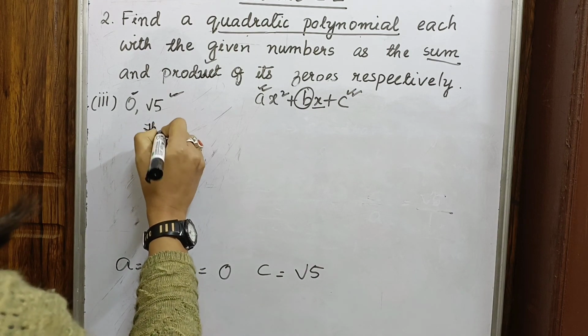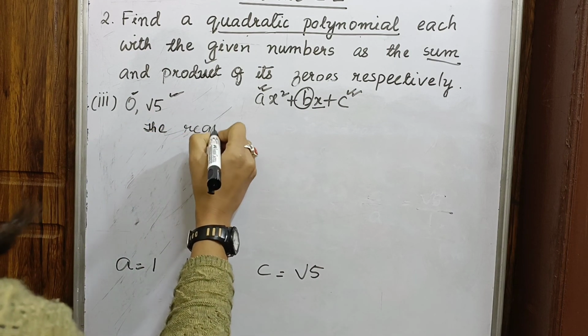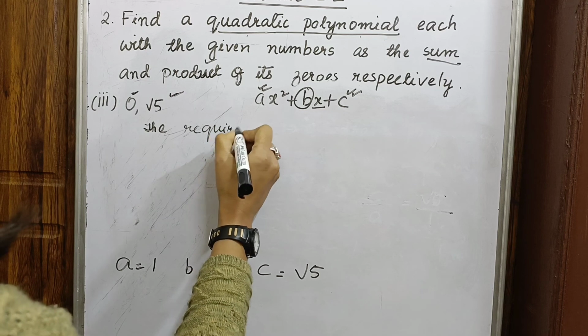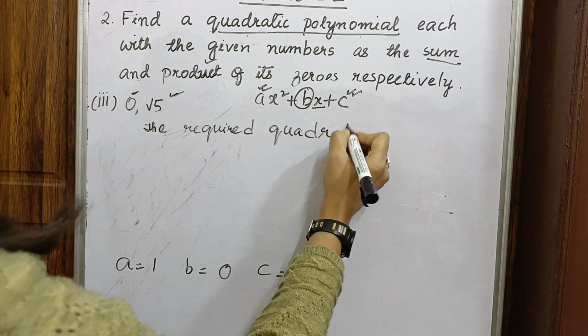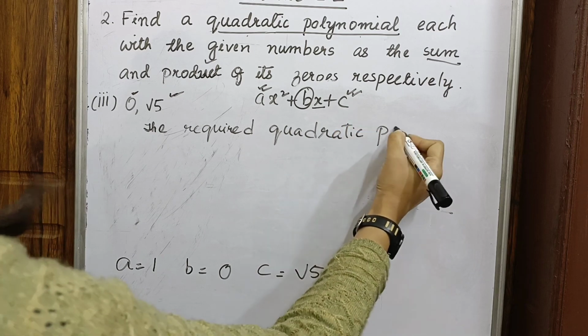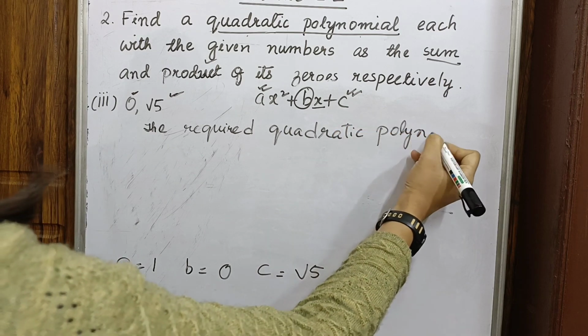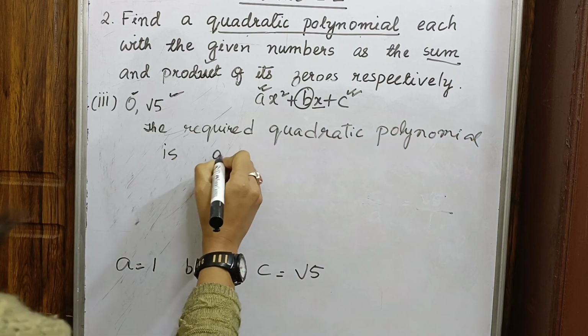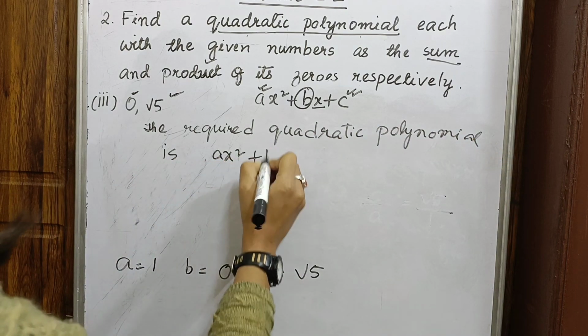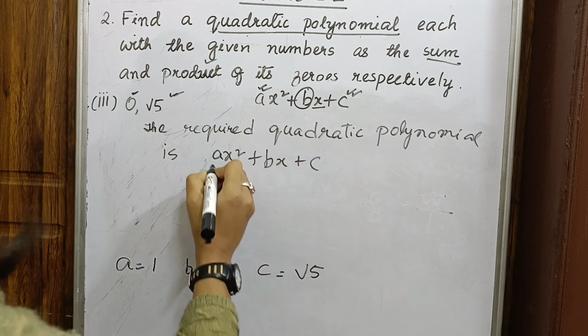So the required quadratic polynomial is, you can substitute here. What is a?